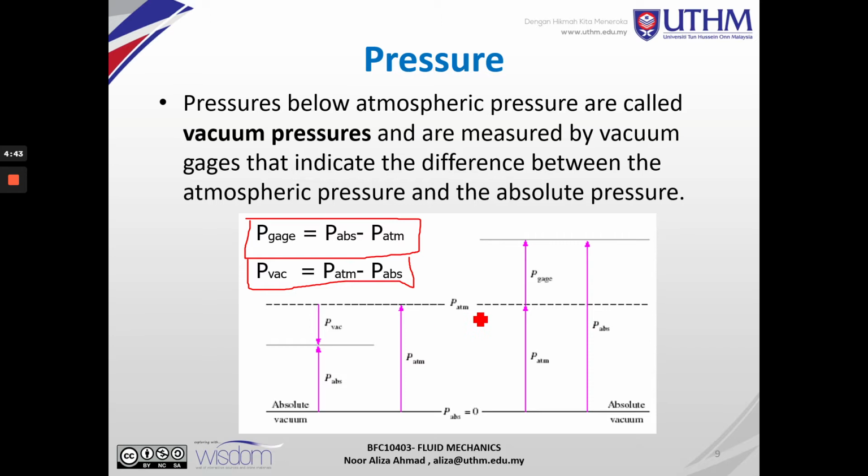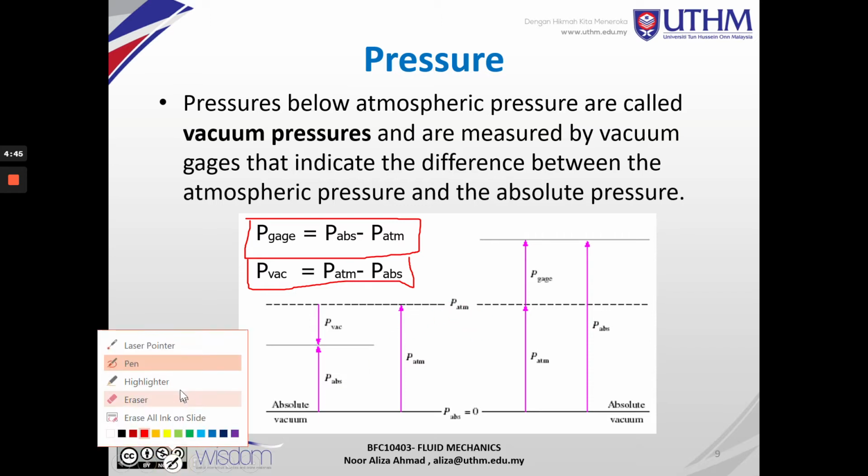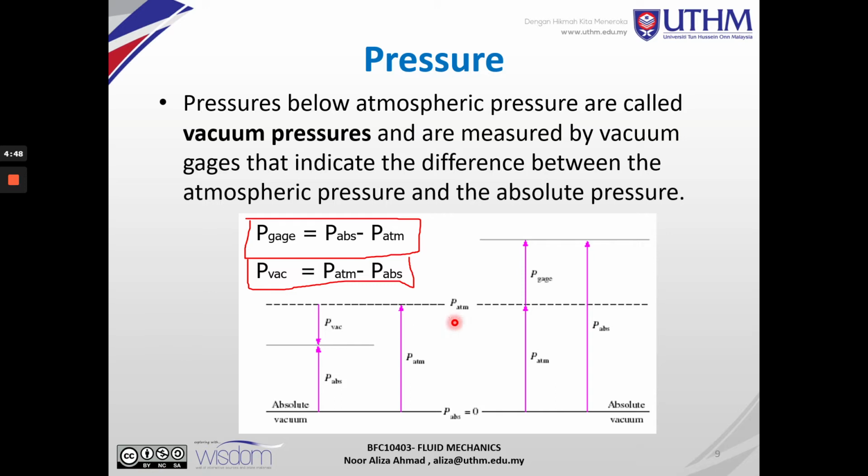Looking at this figure, P vacuum is equal to P atmosphere minus P absolute, and to get P gauge, we take P absolute minus P atmosphere. This equation is for this figure and that equation is for the other figure.